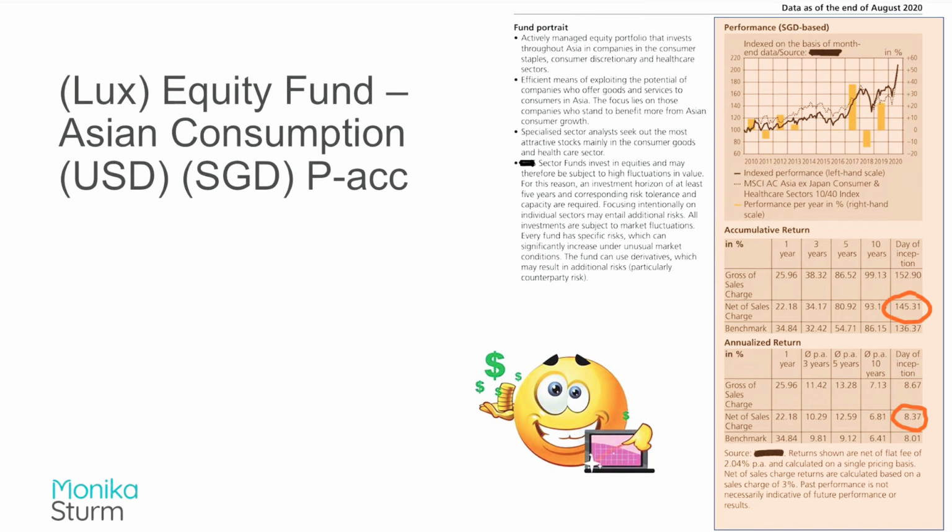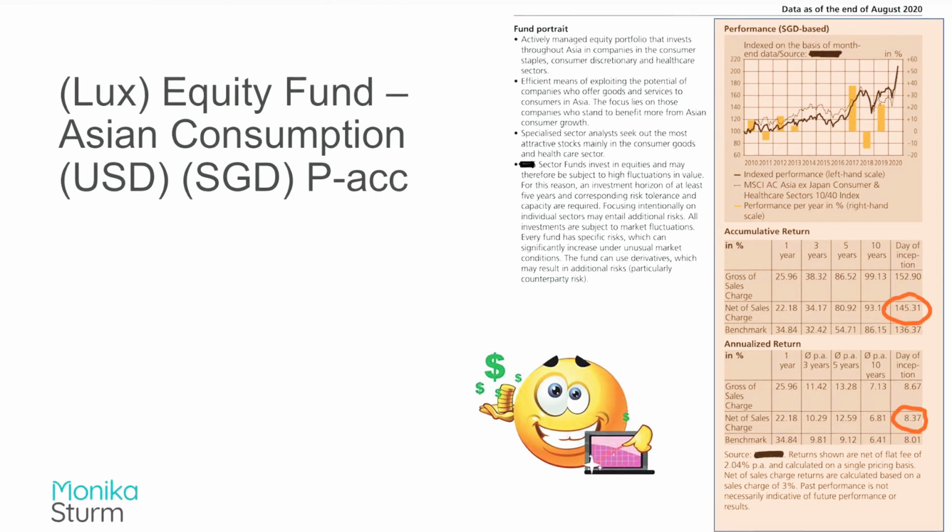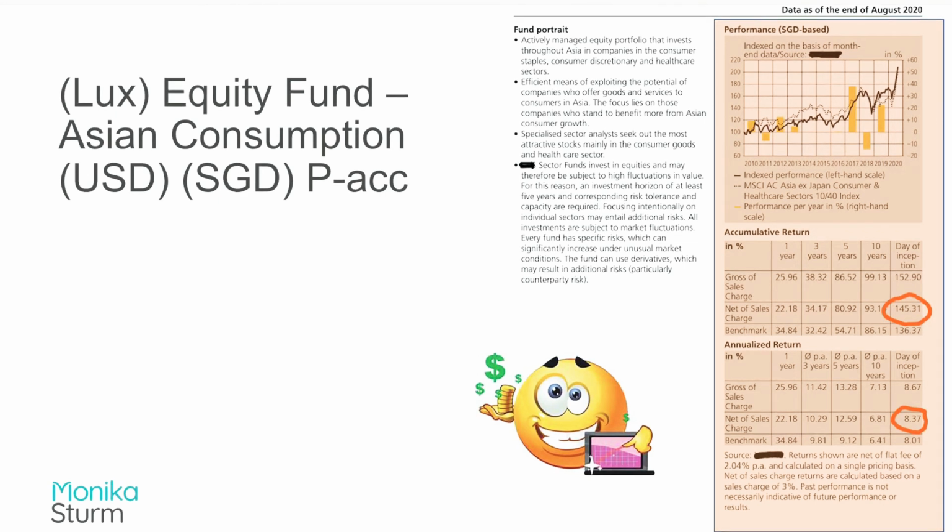So far, the fund has only started beating the index since 2019. The second table shows the return of the fund net of all fees on the third line, since inception per annum with 8.37%, slightly above its benchmark return shown in the last line.